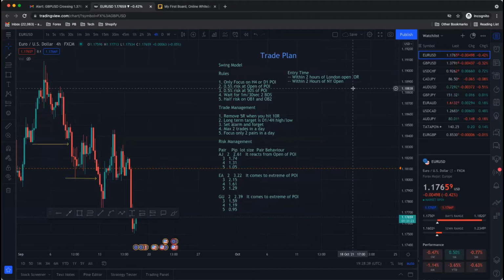So you will have only 4 hours a day for entries. If for some reason you're trading outside this, it's not going to work well. You can test it out; I'm telling you from experience. There will be low liquidity outside these hours, so it might work, it might not. I would like you to try and backtest this plan and modify it as per your requirements.